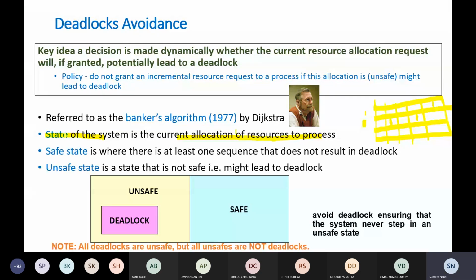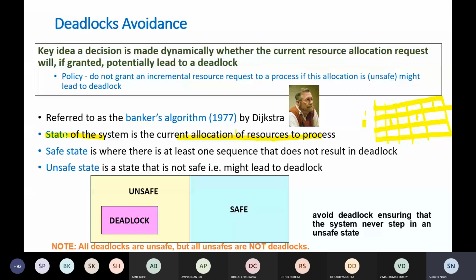Now if, being in a particular state, some other process requests some resources, some computation needs to be performed, and it needs to find out whether the overall system's state will be safe after this request has been satisfied. If it is safe, then it will actually be committed.